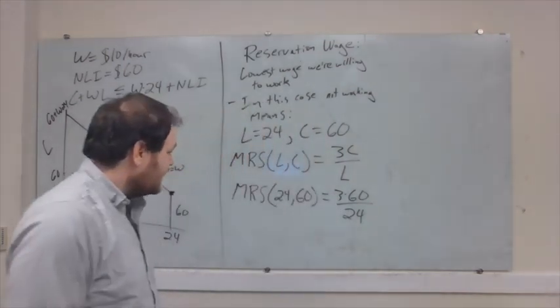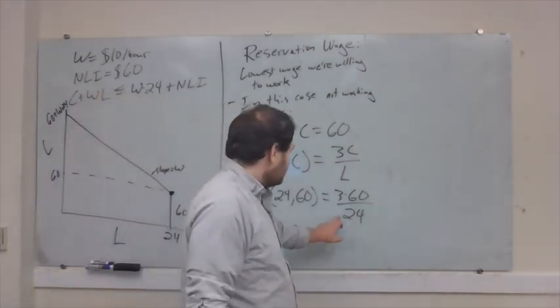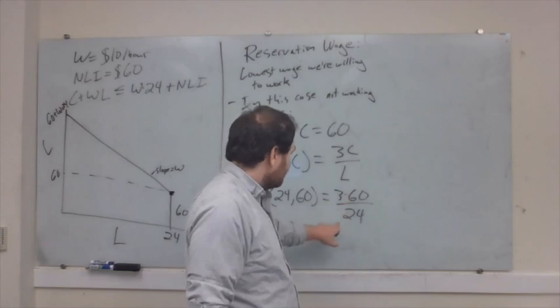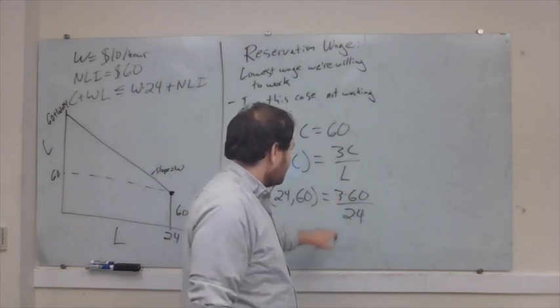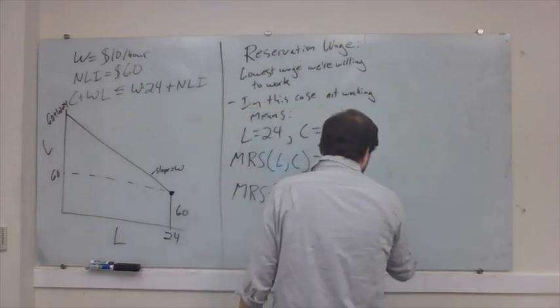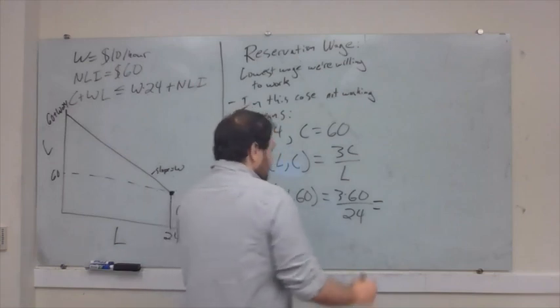What's 3 times 60 over 24? Well, 6 over 24 is 1/4, so this is going to be 30 over 4. It's going to be 15 over 2. It's going to be 7.5.